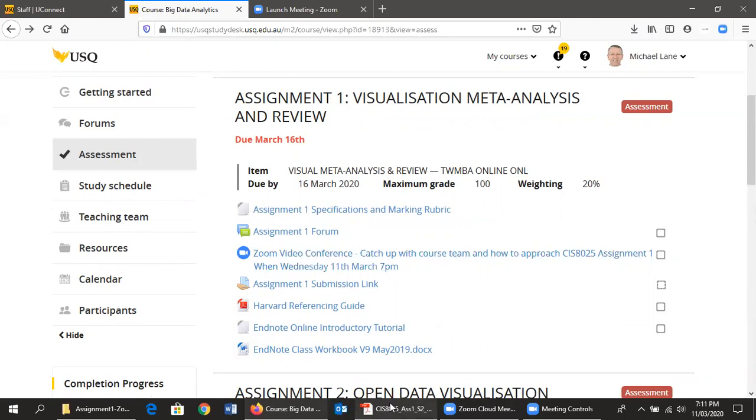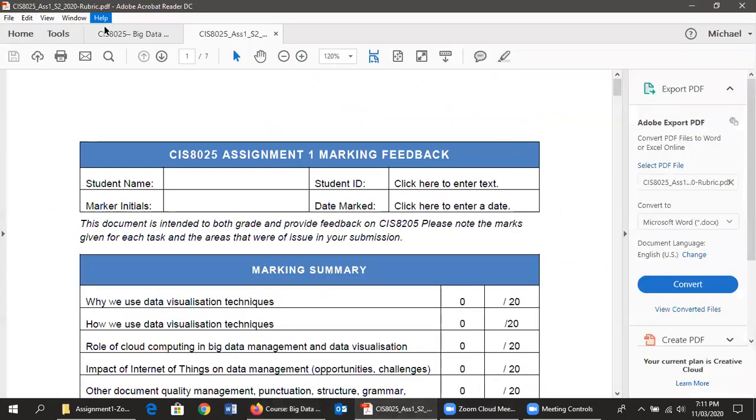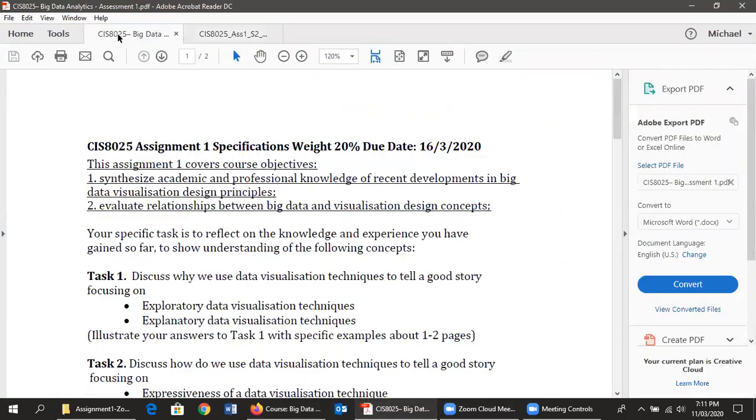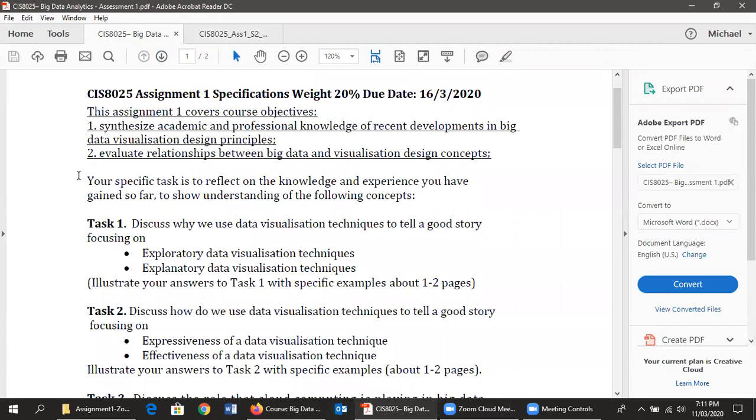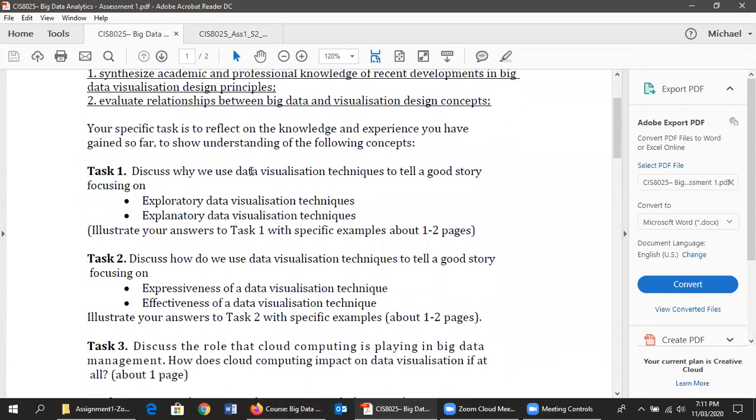Then if we have a look at the actual assignment specifications, this first assignment is mapped against the first two objectives of the course and the first three modules, covering what we did this week.